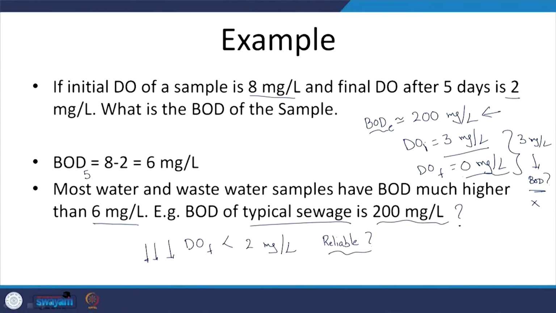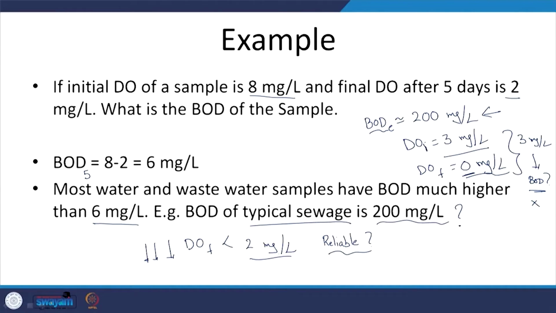It is not going to be a pseudo first order loss, it is going to be second order and such, and thus your system is not reliable anymore. And obviously, if it is 0, you can't estimate how much of the organic content is left. Even if it is less than 2, it is not reliable. So, the reliability threshold is 2 milligram per liter, so 3 minus 2 is only 1, and I can't capture the organic content here, which is almost 200 milligram per liter.